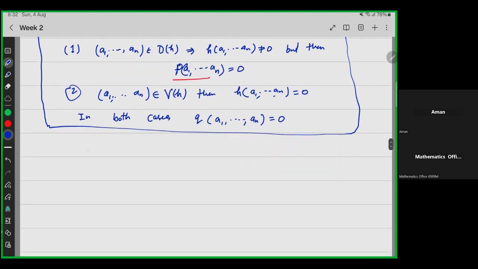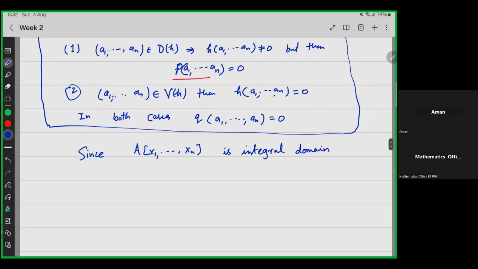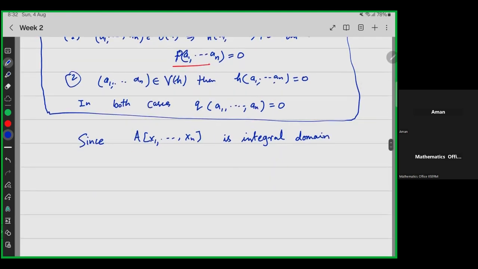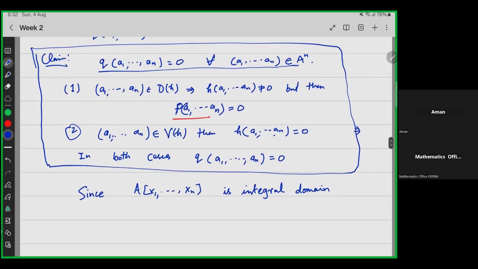Now, since this polynomial ring in x1 up to xn is an integral domain, once this is true for all (a1, ..., an), this implies that polynomial q is 0 by the identity theorem.